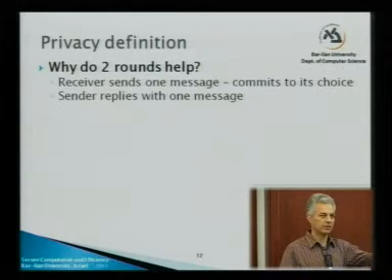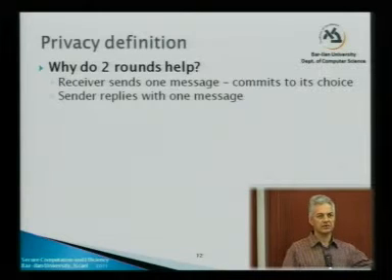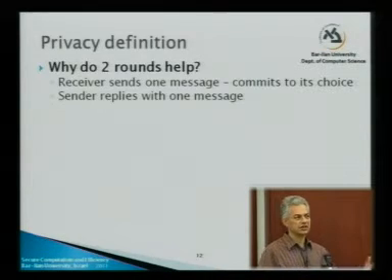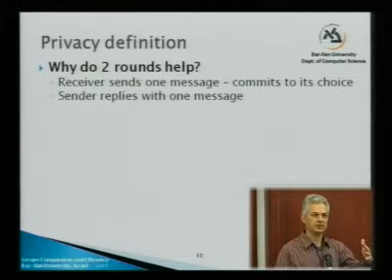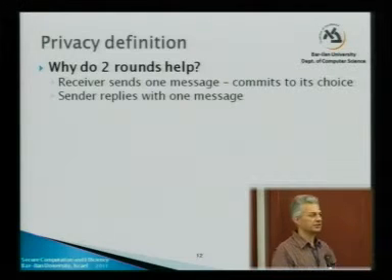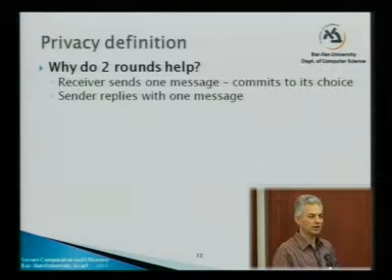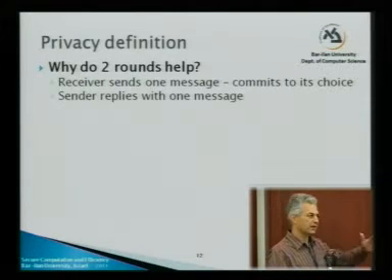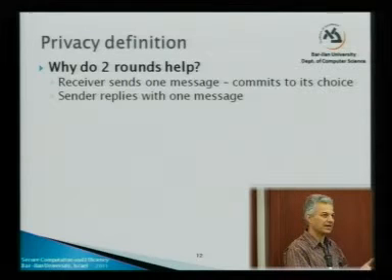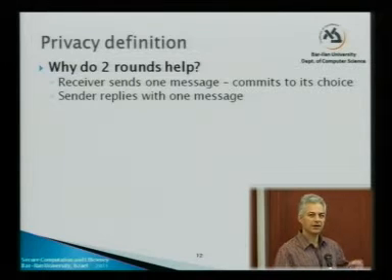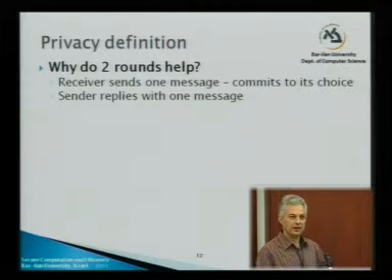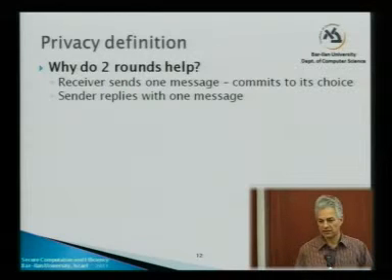That's the entire protocol. So when the receiver sends the first message, it essentially commits to its choice. It doesn't have another message in which it can decide which item to choose. So if the receiver sends just a single message, basically it says in this message, in some encoded way, I want to learn x0, or x1. Okay? And this is very useful in the definition and in the proofs.